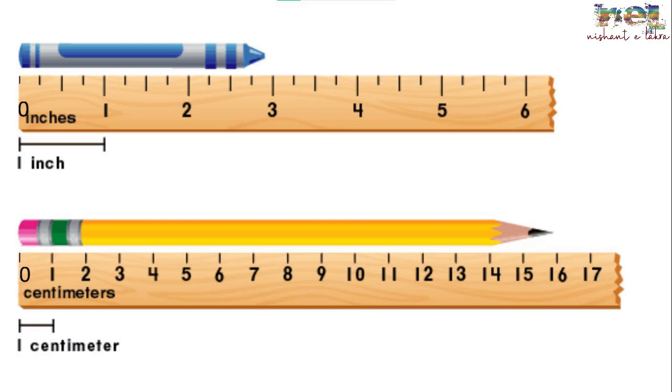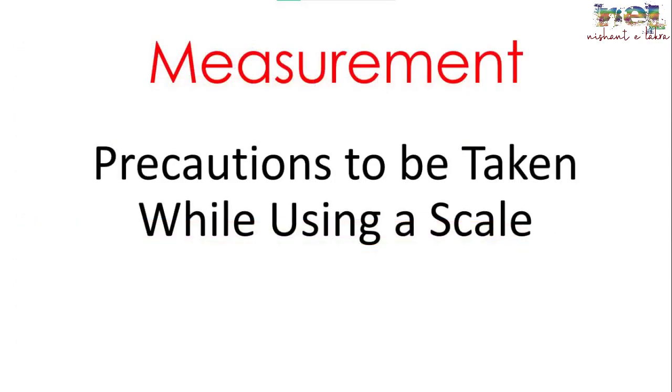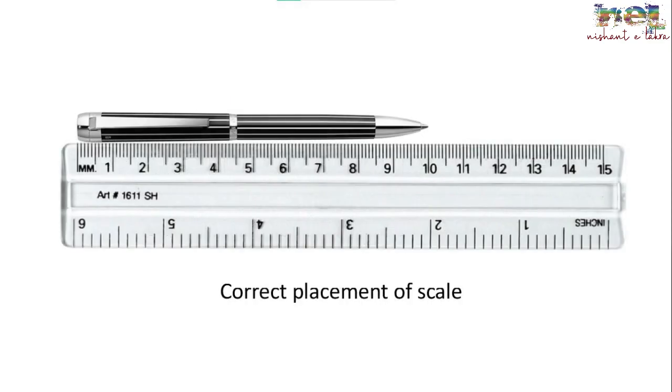Now when you're measuring the length of an object, there are some precautions to be taken, or else the measurement will be wrong. So let's see some precautions that have to be taken while using a scale. The first precaution: the scale should be placed parallel to the side of the object that is to be measured.